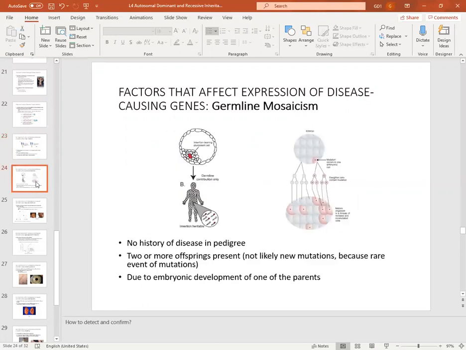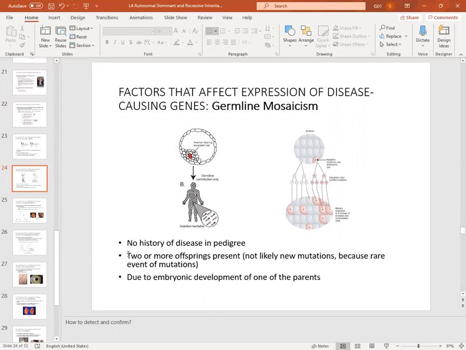And next is germline mosaicism. You can have a question: what is the difference between germline mosaicism and the new mutation?